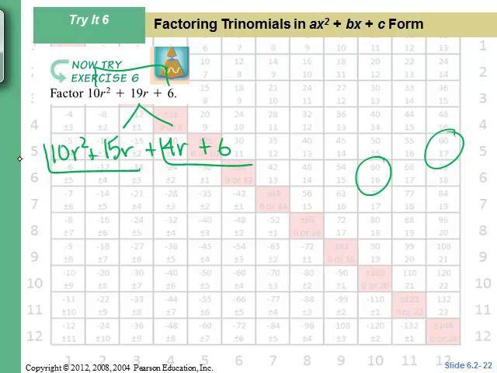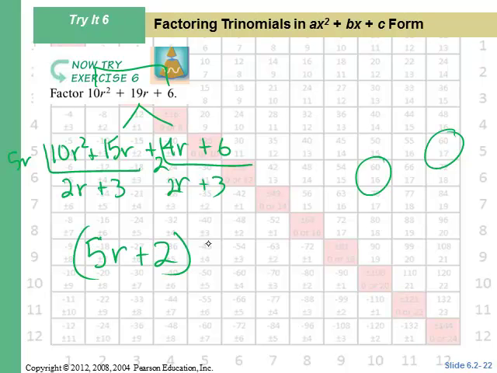Factor a 5r out of the first one, so we're left with 2r plus 3. Factor 2 out of the second one, so we're left with 2r plus 3. So our factored form is 5r plus 2 times 2r plus 3.